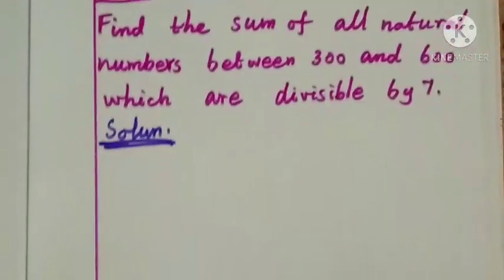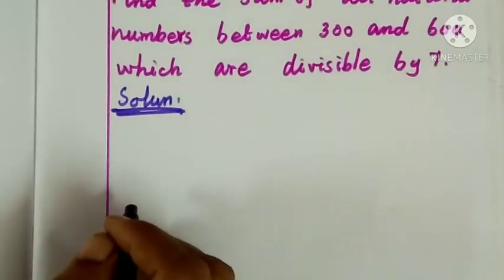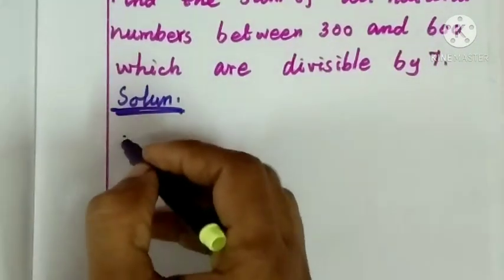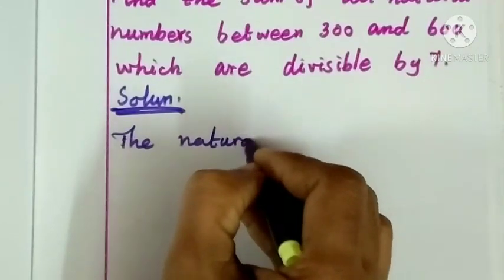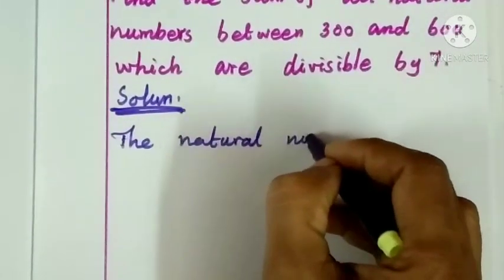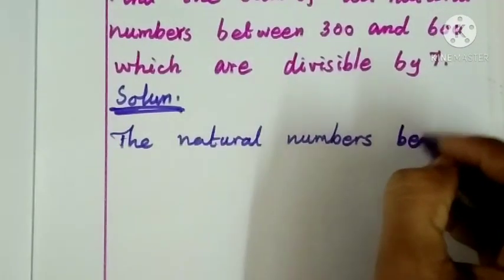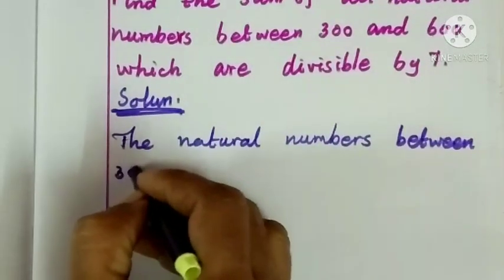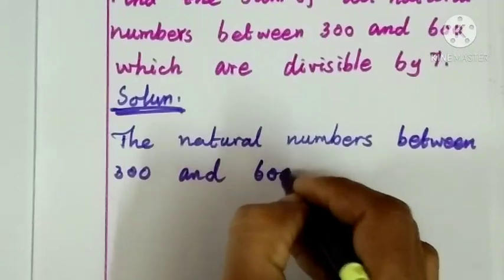Let us do the solution. First you take down and write the given. The natural numbers between 300 and 600.